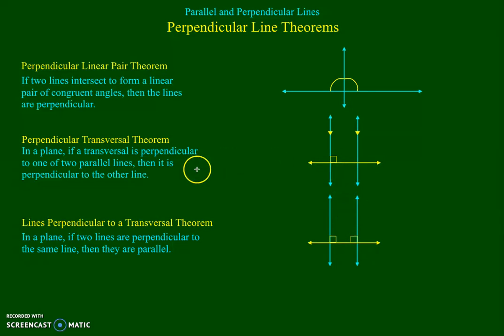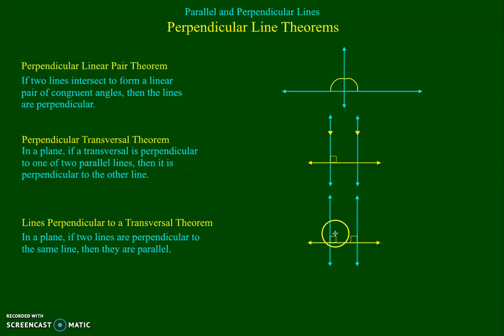If you find it difficult to memorize the names and associate them with the theorem, that's okay, because it's really only important that you can paraphrase the theorem. Here, if we have two parallel lines and one is perpendicular to the transversal, then the other must be perpendicular to the transversal. Here, if you have two lines that are perpendicular to the same transversal, then those lines have to be parallel.